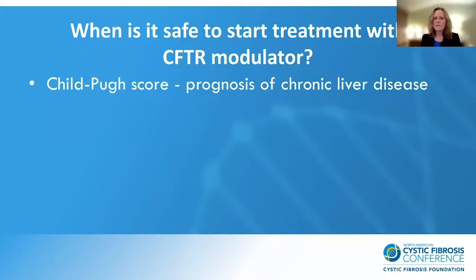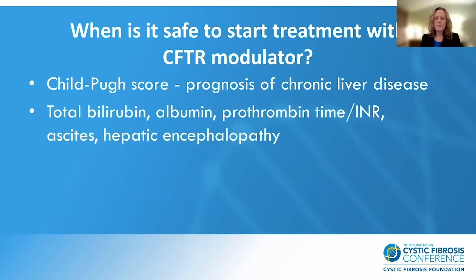I'd like to take a second to talk about the Child-Pugh score because it is mentioned in the prescribing information for these medications. This is a prognostic score of chronic liver disease, and it includes the bilirubin, albumin, protime, the presence or absence of ascites, and hepatic encephalopathy.